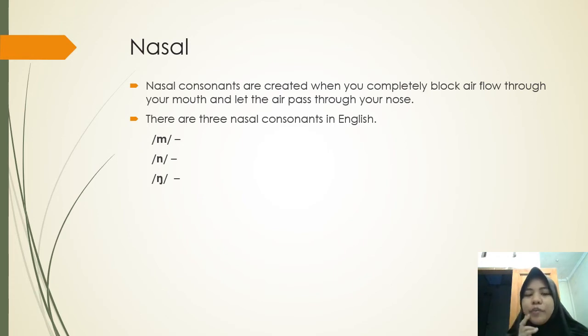Okay, you can prove it: if you close your nostril, you will not be able to produce the nasal sound. Okay, m, n, and ng can only be produced through flowing the air through your nostril, and that is the meaning of nasal sound.